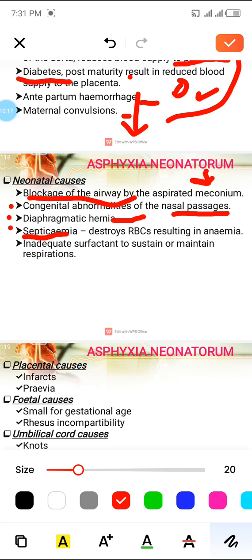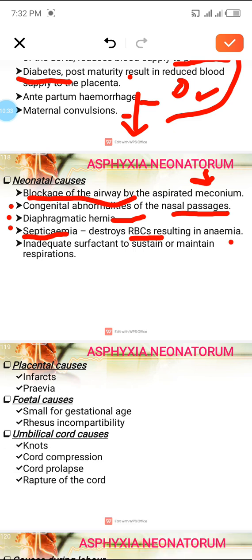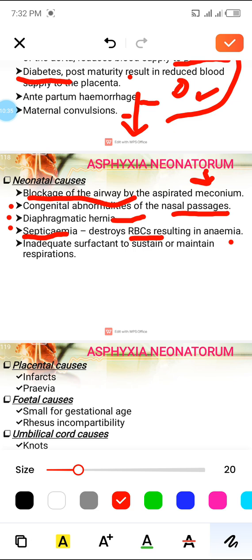If there's an infection in the blood, microorganisms in the blood would destroy the red blood cells, which will result in a reduction of blood, or what we call anemia. When there's anemia, there will be a reduction in the oxygen carrying capacity. This child will go into asphyxia.